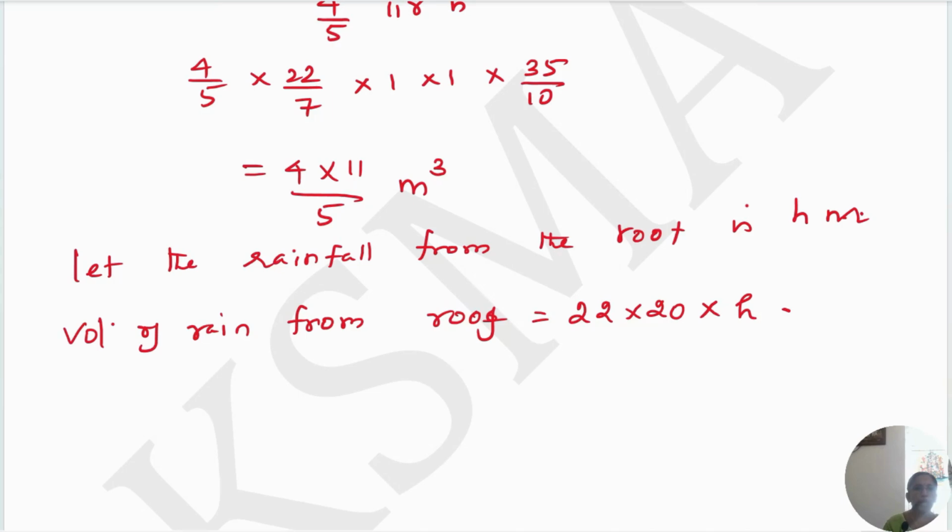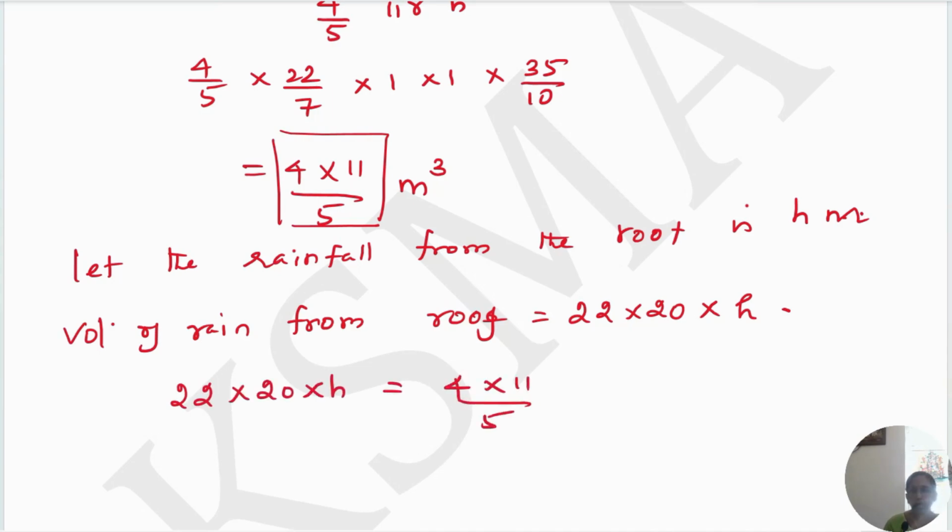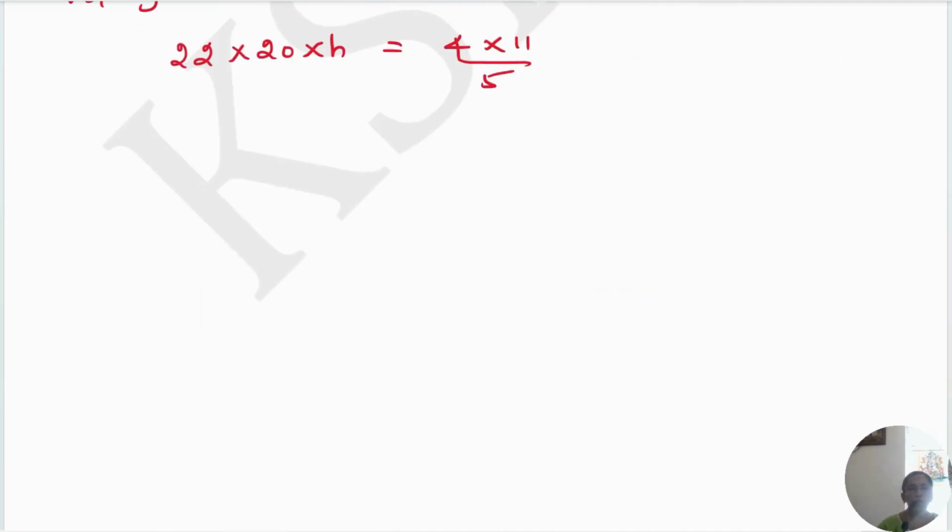And this volume will be matched with this volume so that you can find the h value. So 22 into 20 into h will be equal to 4 into 11 divided by 5. And from here you can calculate your h value.